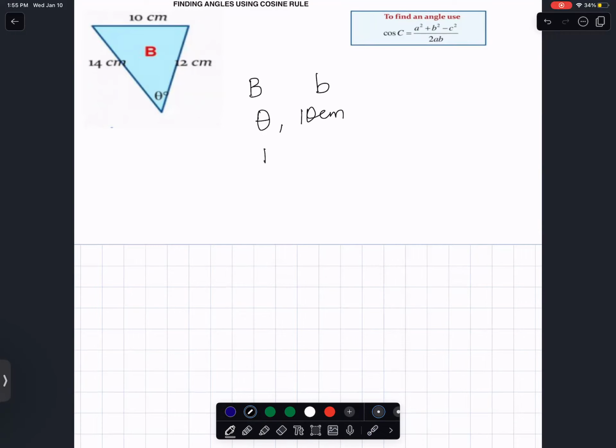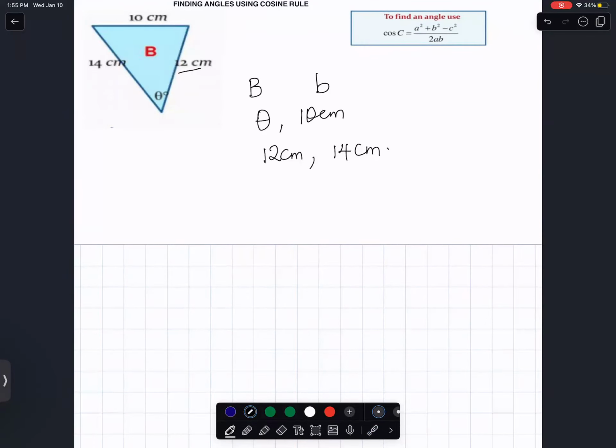Then we have the other two sides given to us as 12 cm and 14 cm. So you can refer back to this formula I gave to you before. If you are looking for your angle, you use this formula.